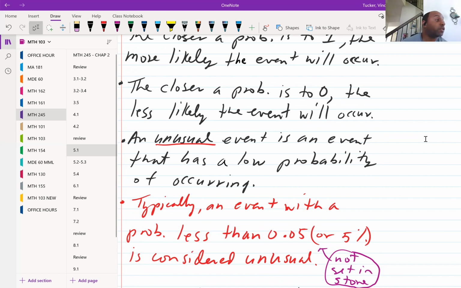It's not set in stone, but that's what we will use throughout this book. If you were doing your own statistical analysis, you always could set it a little higher or lower, but that's what we'll be using. 5% is the marker.